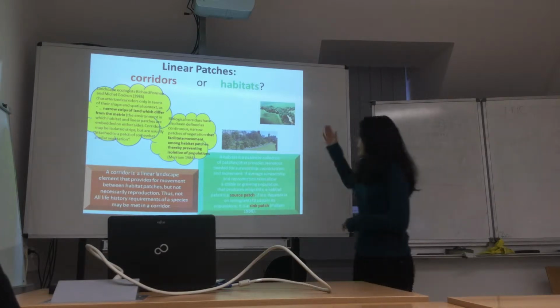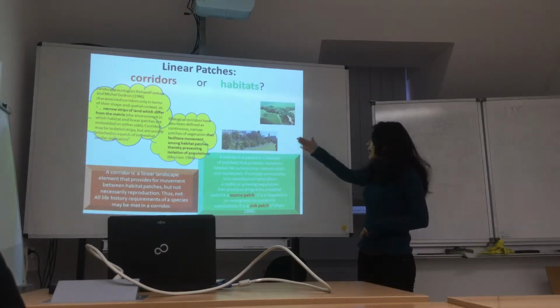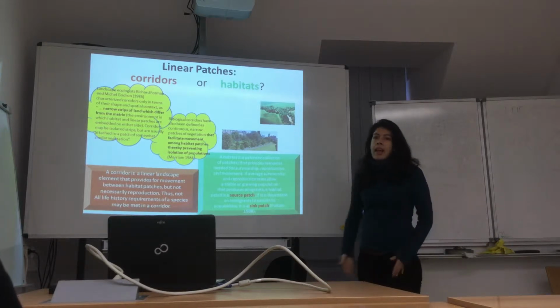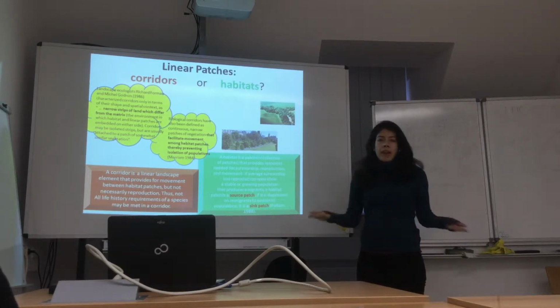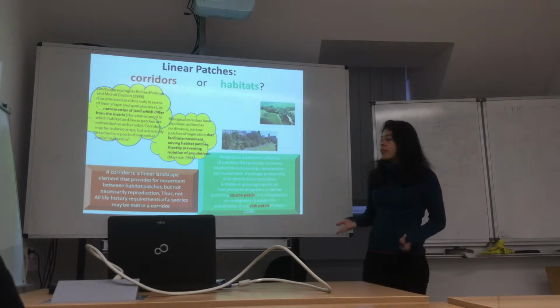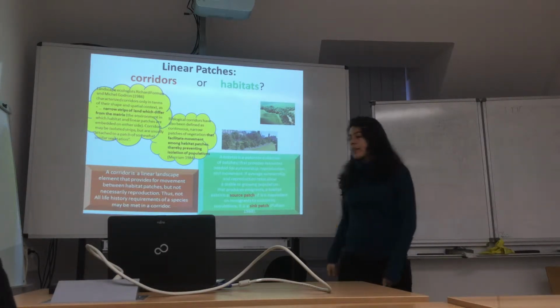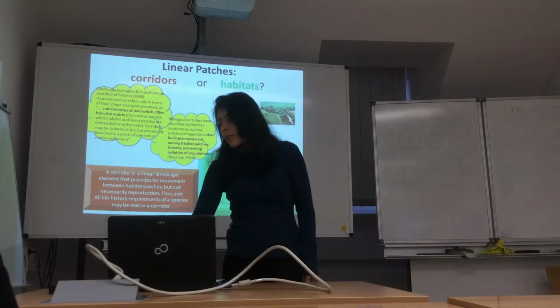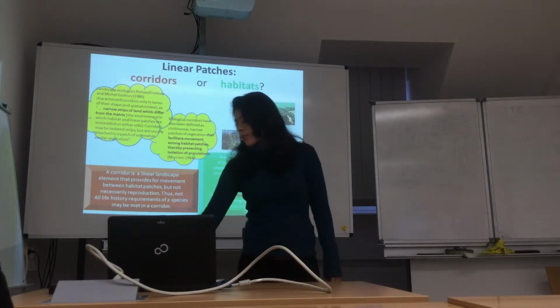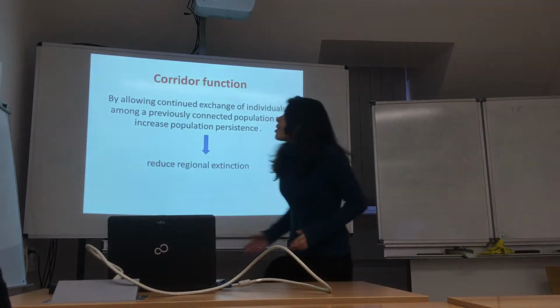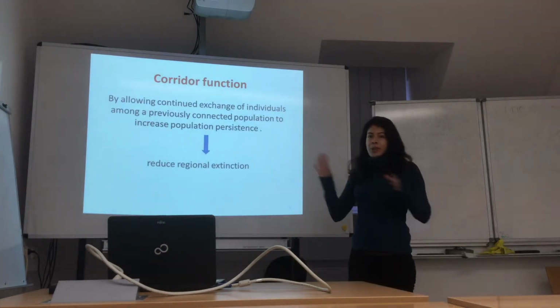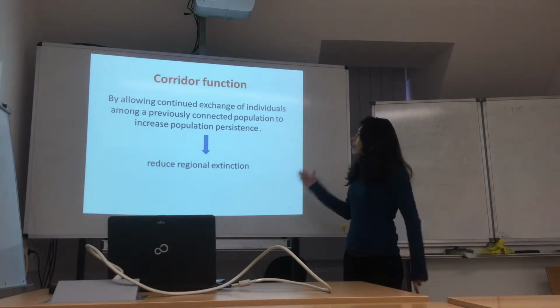Even though habitats or corridors might be similar. So for example, a riverine or riparian line along a river can be habitat for some species, and corridor for others. And urban green belts in cities can be both, or each of them, so it's really important to differentiate. So now that we conceptualize them, we can start with the corridor function.